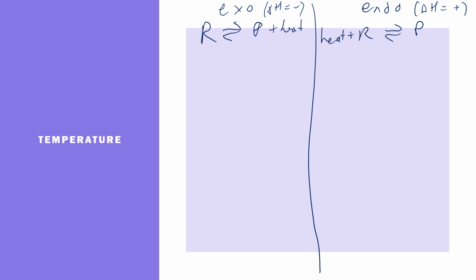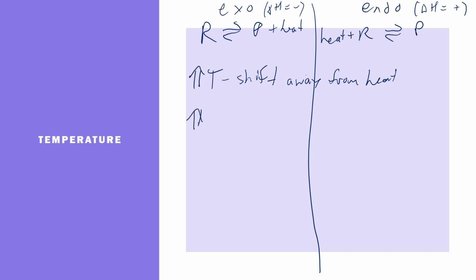So if you were to increase the temperature, it will be too hot, so it's going to shift away from the heat. And that's true for both types of reactions. Shift away from the heat.